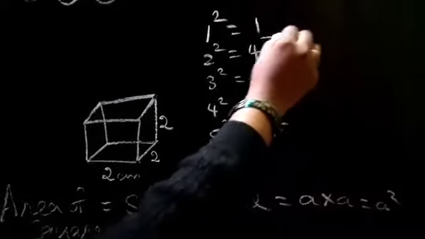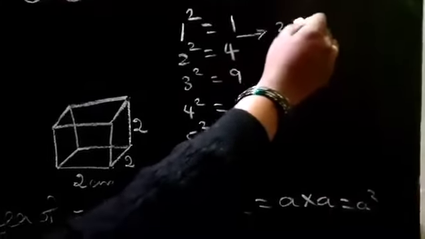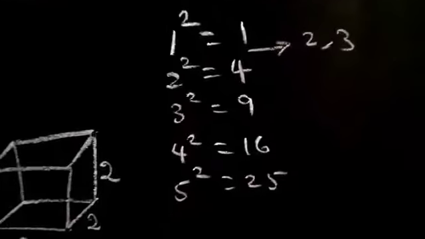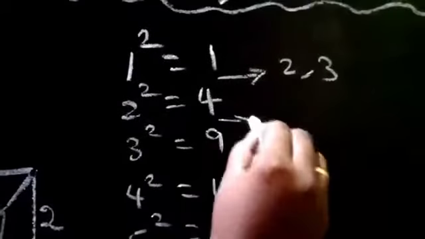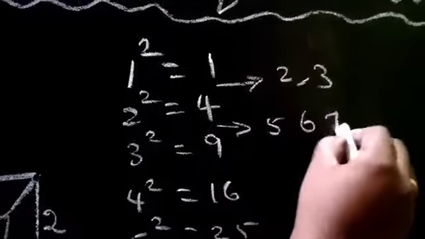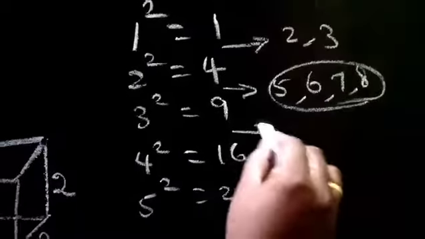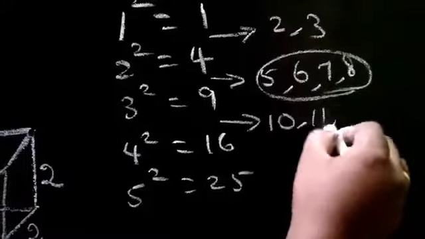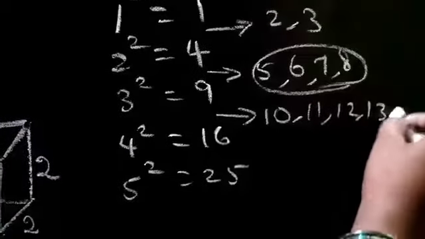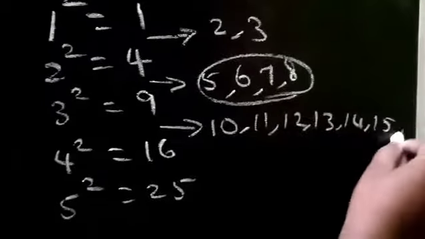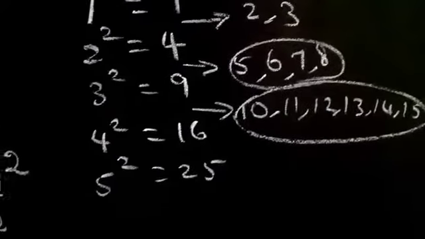So in between, the numbers 2 and 3 are not in your square numbers. Here 5, 6, 7, 8, these numbers are not square numbers. Here 10, 11, 12, 13, 14, 15, these are not square numbers.